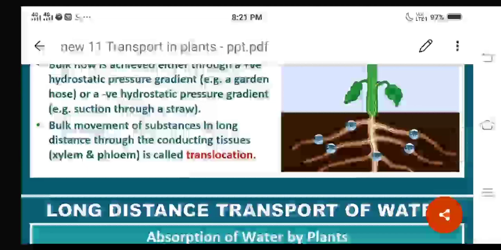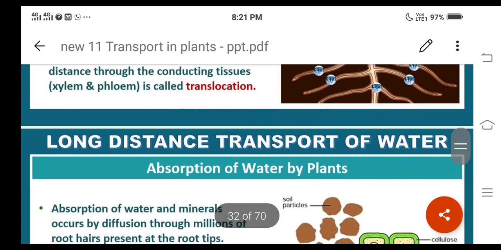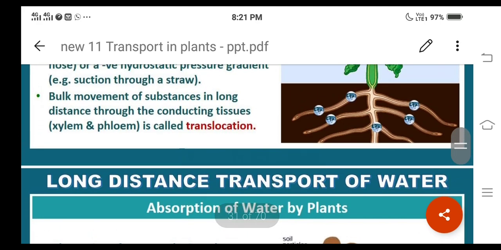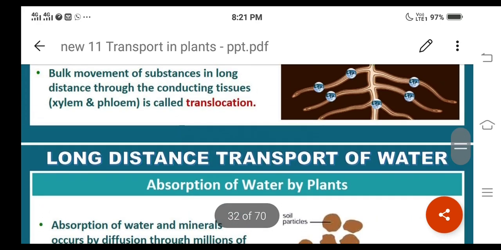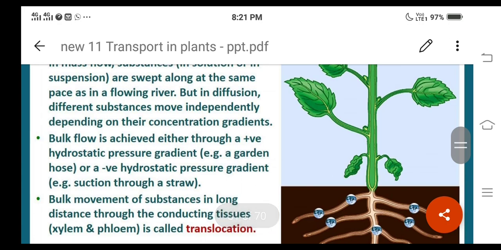And here one more concept: in case of the conducting tissues, higher plants have highly specialized vascular tissues, and we call them xylem and phloem. They are present in roots as well as in stems as well as in leaves, right? And what is the main function of xylem here?